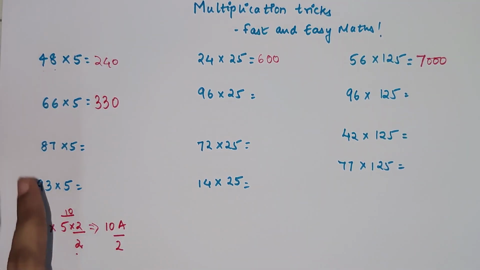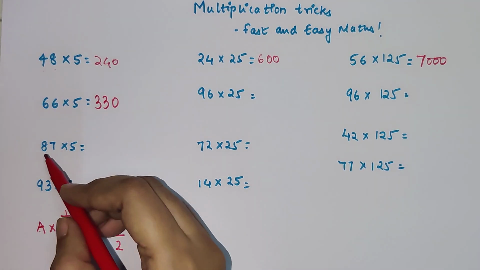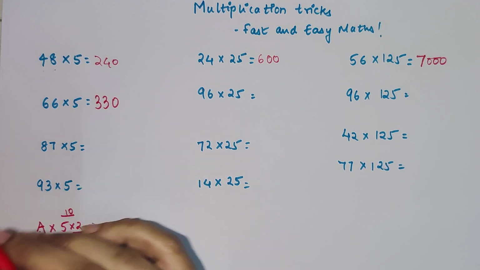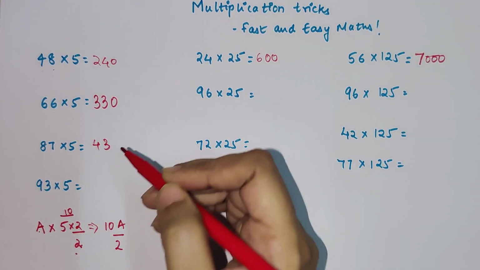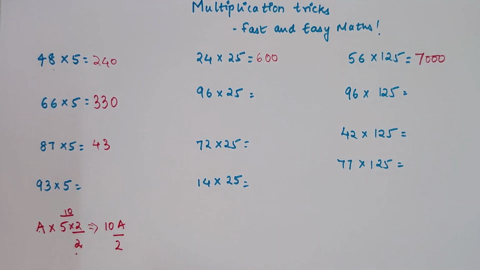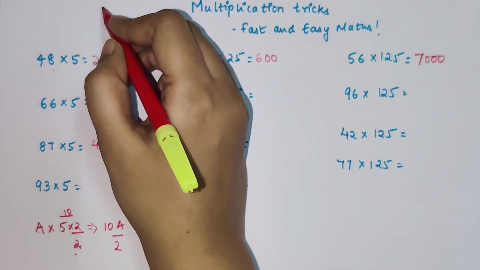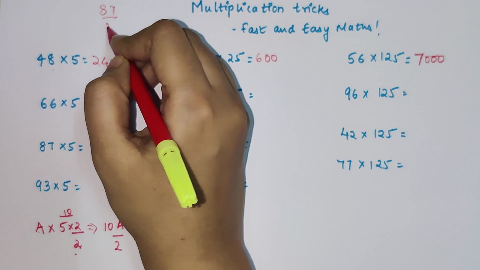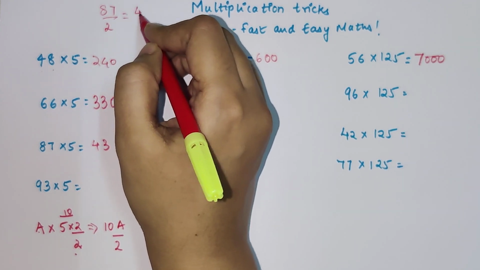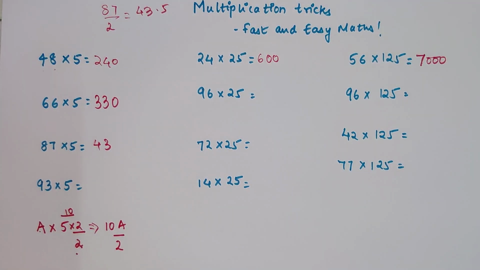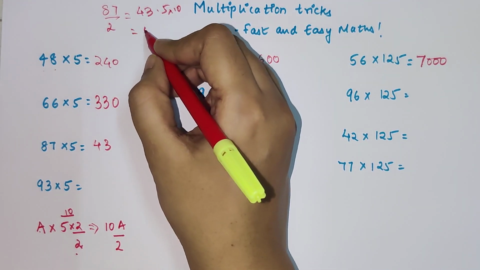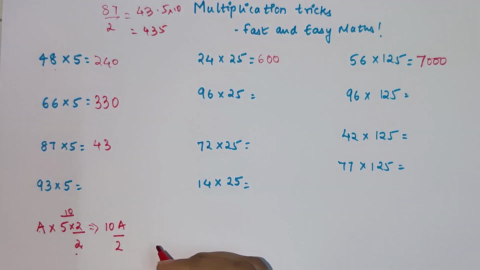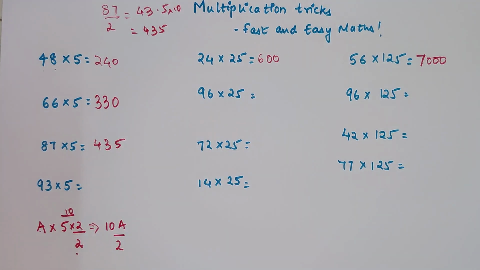Now here come the odd numbers. So now what you would do is just divide normally, so you get 4, then 3, then you're left with 1. If we are dividing 87 directly by 2, you're getting 43.5. But in this case you're multiplying by 10, so your point will get removed, and you will get the answer as 435.